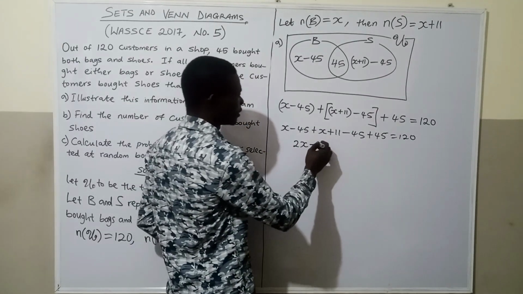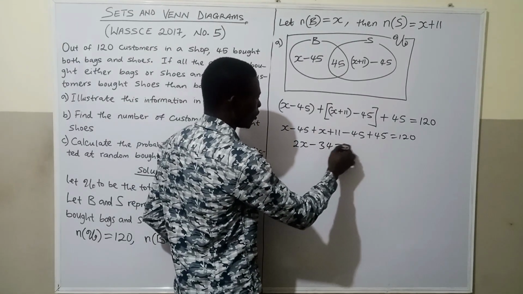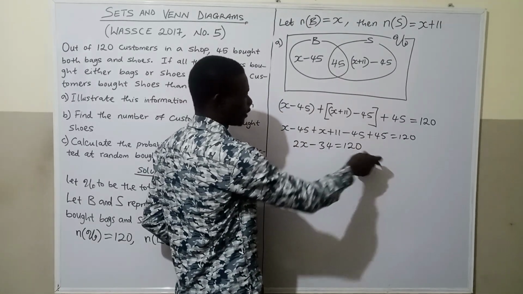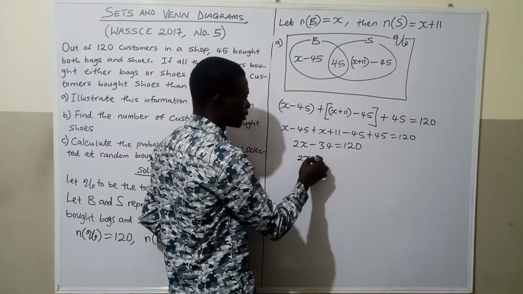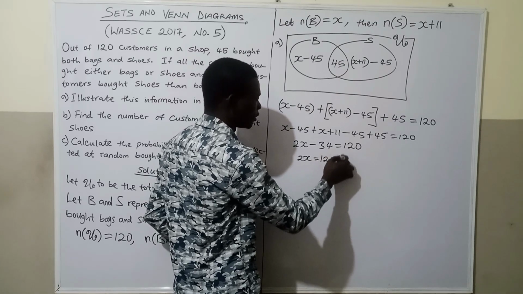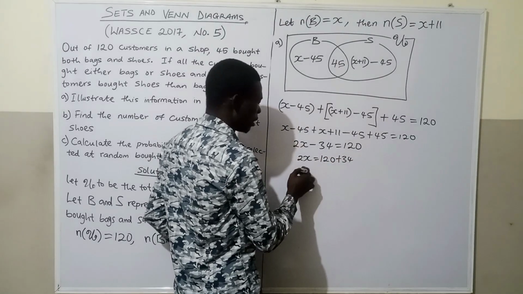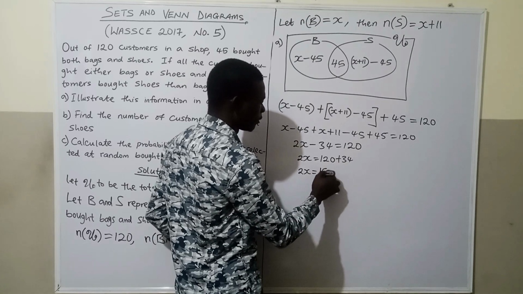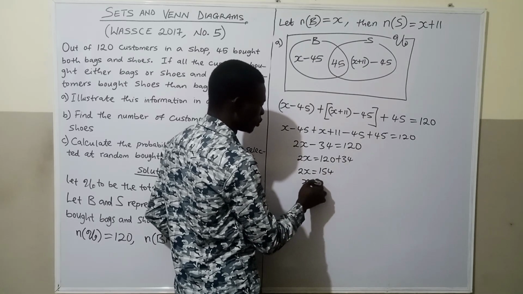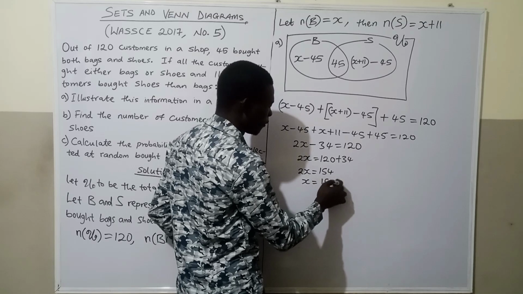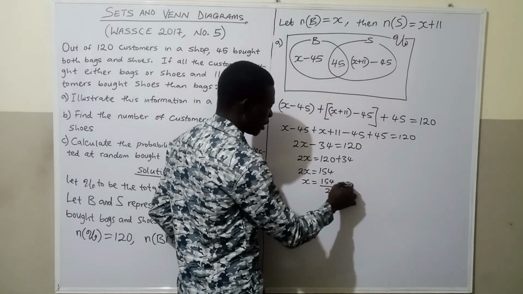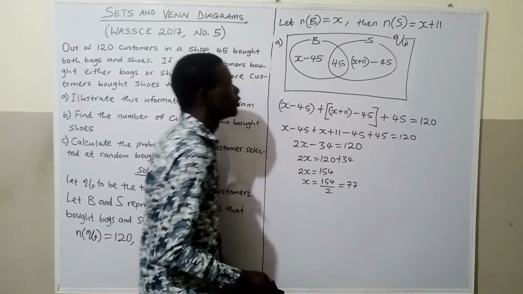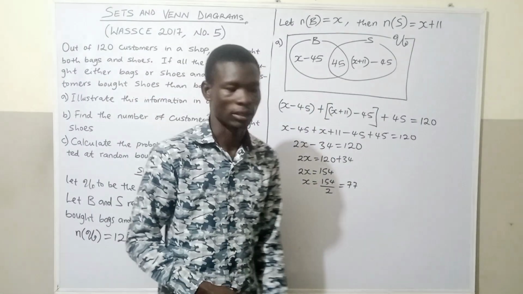So 2x minus 34 equals 120. If minus 34 transfers to the other side, it becomes 2x equals 120 plus 34, which is 154. And of course, x equals 154 divided by 2, that's 77. So x is actually equal to 77.